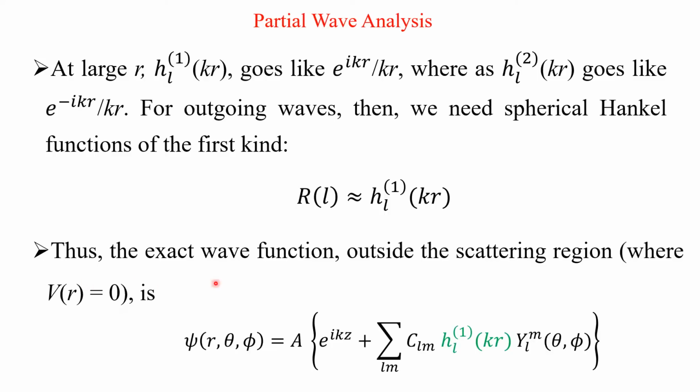Thus, the exact wave function outside the scattering region, where V(r) equals 0, is psi(r, theta, phi) equals A times e^(ikz) plus the summation over l, m of C_lm h_l^(1)(kr) Y_lm(theta, phi).